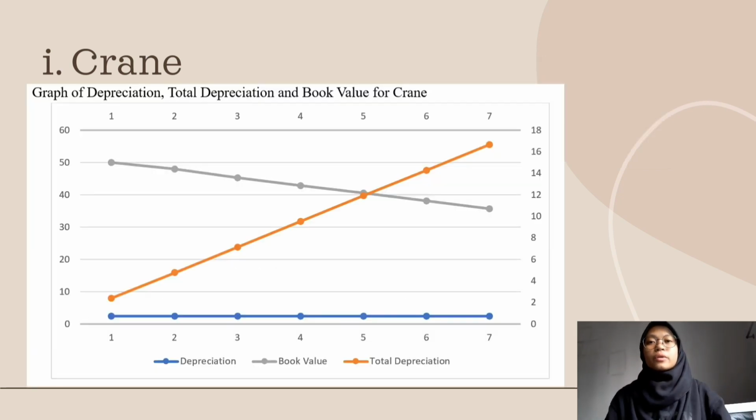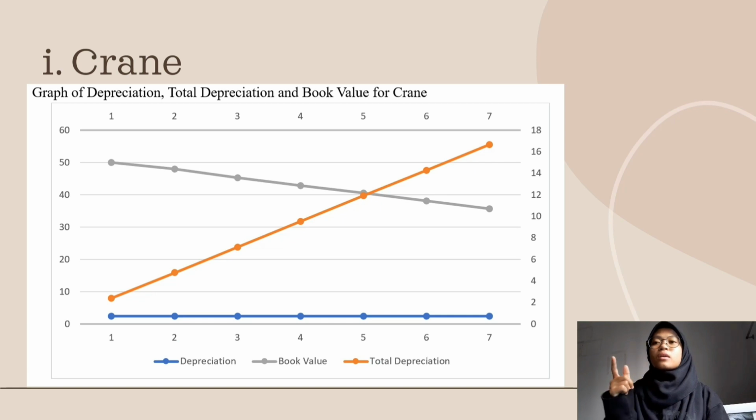This is the graph of depreciation, total depreciation and book value for the crane. The straight blue line at the bottom is the depreciation value, which is constant throughout the 7 years, and the orange line that goes upward is the total depreciation, the depreciation value that adds up each year until it reaches 1,666,000.